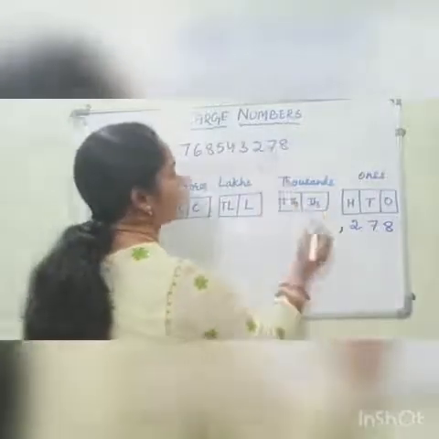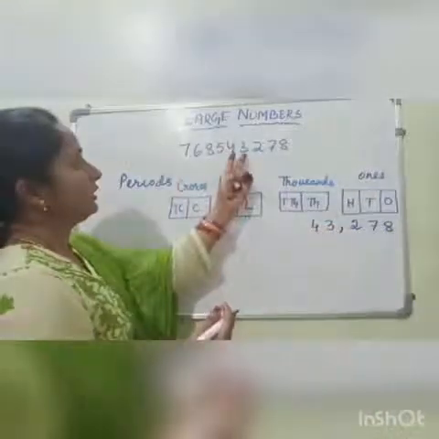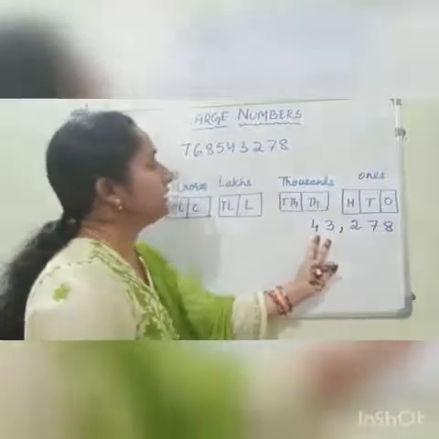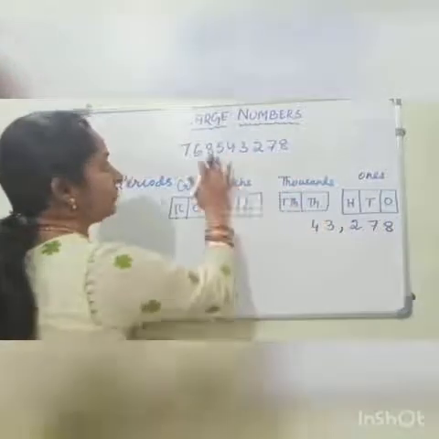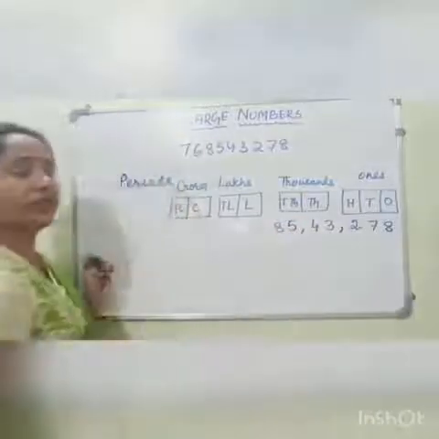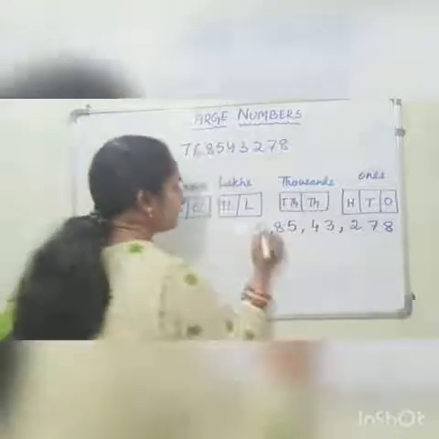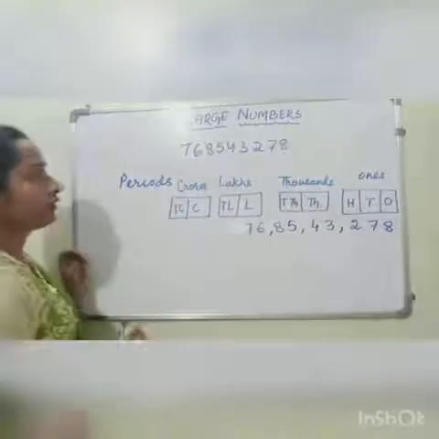Next, in the thousands place we have a 3, then 4. These 2 digits will come under thousands period. Then we will write 5 and 8, which will be separated by comma, and then we will write 6 and 7. Got it?